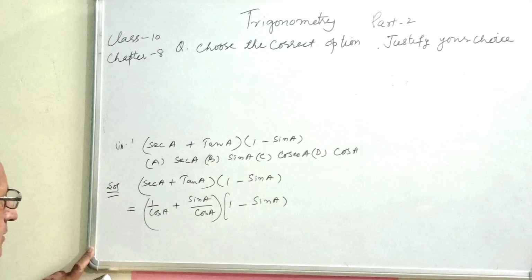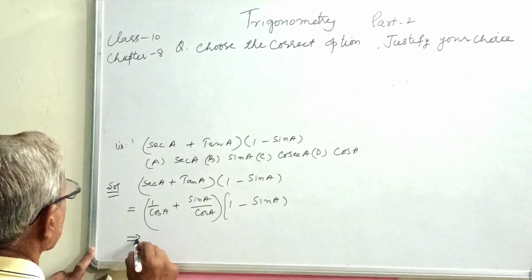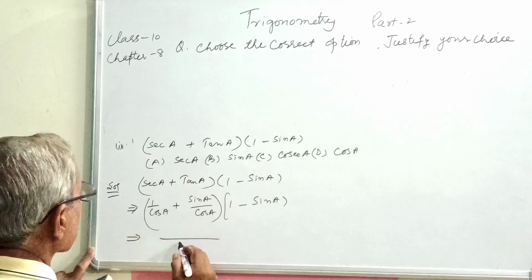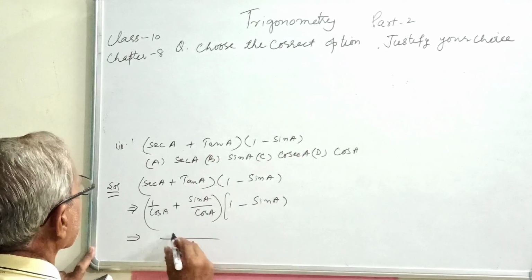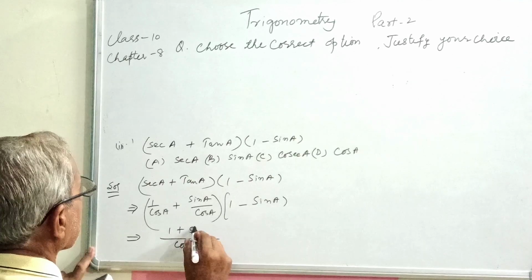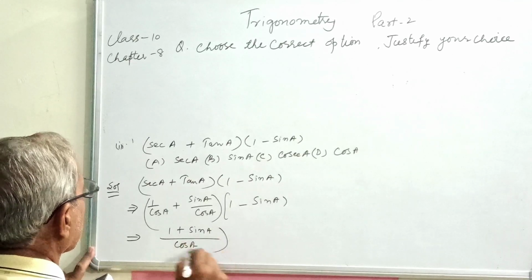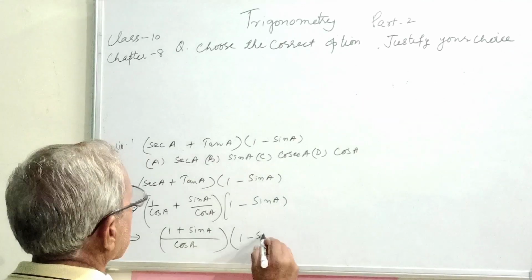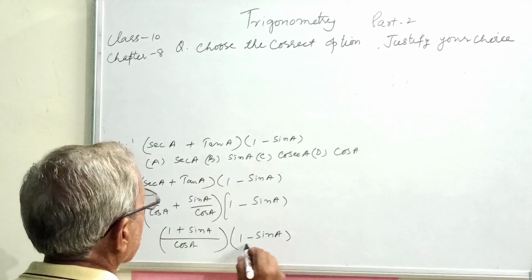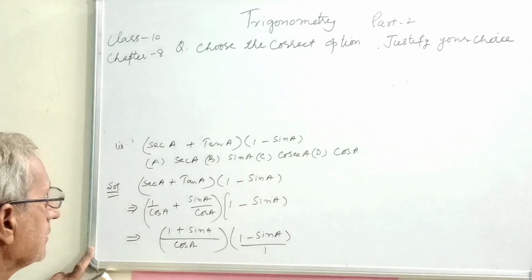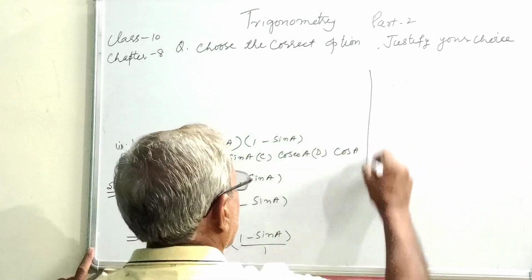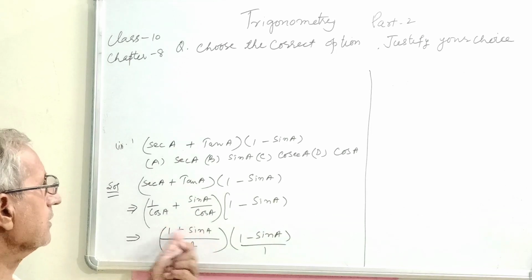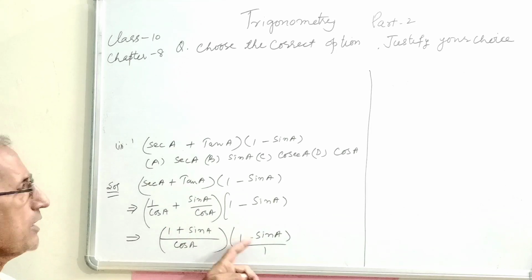The last term need not change. The LCM for the first 2 terms is cos A. So (1 plus sin A) multiplied by (1 minus sin A) upon cos A. Now in the same way this becomes (A plus B) multiplied by (A minus B).